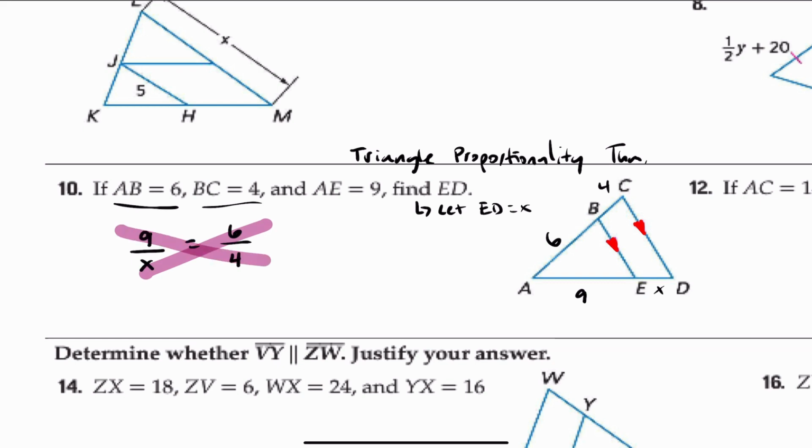Then I'm going to go ahead and cross multiply. So I have 9 times 4, which is 36, and then 6 times x, that's 6x. So x is 6, therefore ED is 6, right? So that's 6. That's the answer to that problem. Okay? Very, very basic.